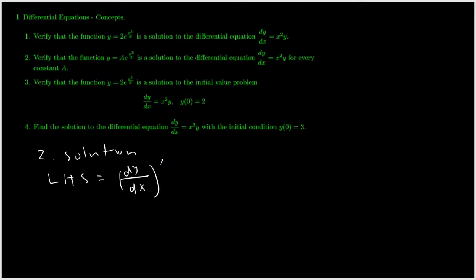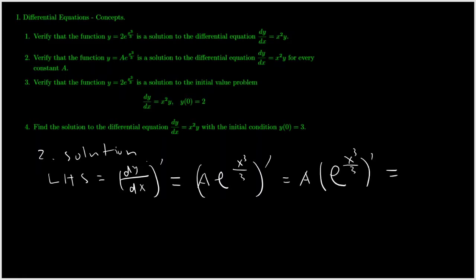By that we mean you differentiate the function a times e to the power of x cubed over 3. The same idea, you just replace 2 with a. You leave out the constant factor of a, and then you differentiate e to the power of x cubed over 3.